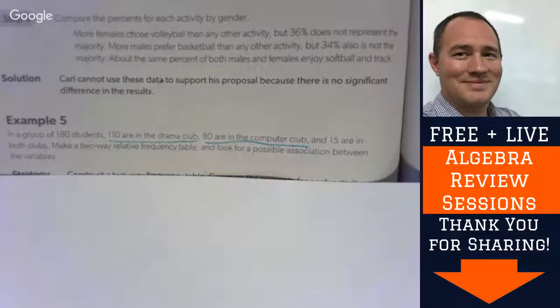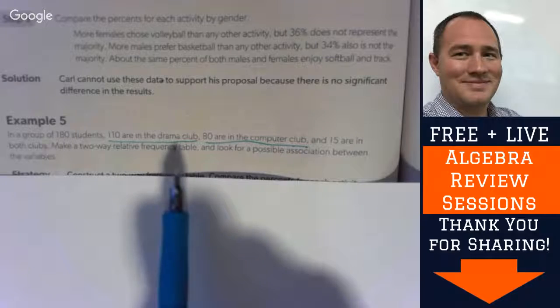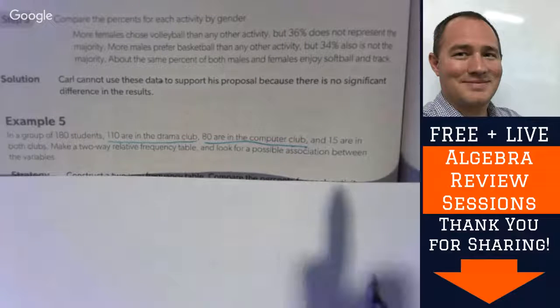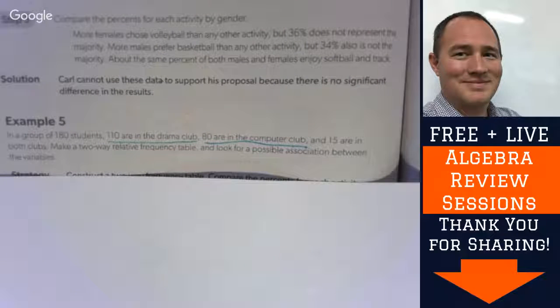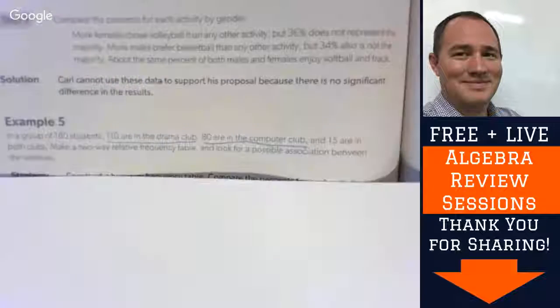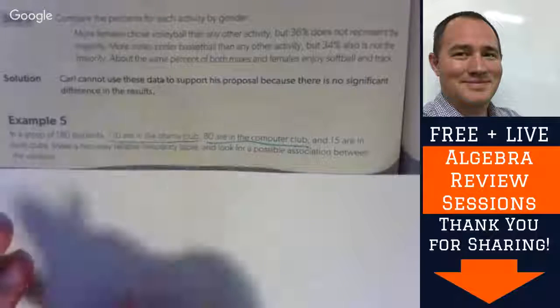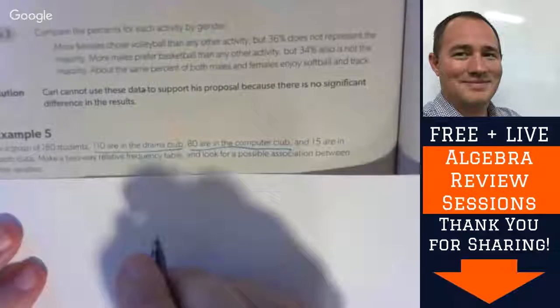Out of 180 students, there's a certain amount that are in drama club and a certain amount that are in computer club, and probably a certain amount that are in neither. So this takes a little bit more logic, and it's fun too. It creates a bit of a puzzle, but here's what it ends up looking like.